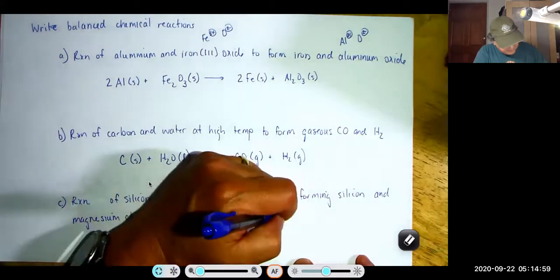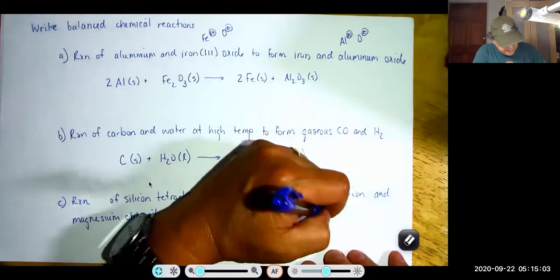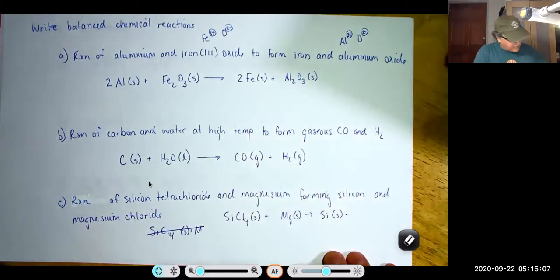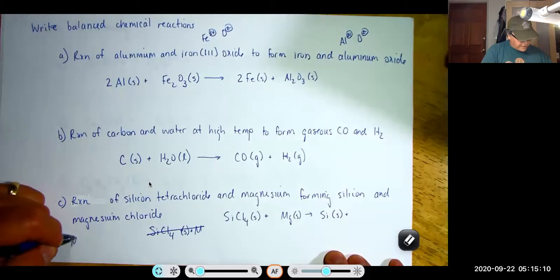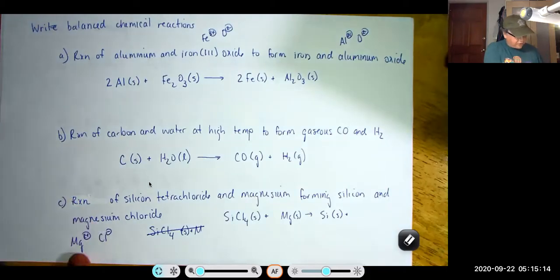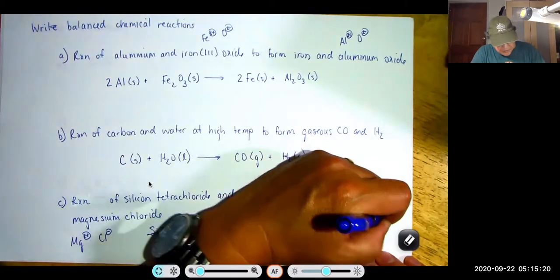Magnesium, forming silicon, and magnesium chloride. So magnesium chloride, we know it's made out of the magnesium ion and the chloride ion. So when I have the charges on both of these, I do the little switch and I get MgCl2.